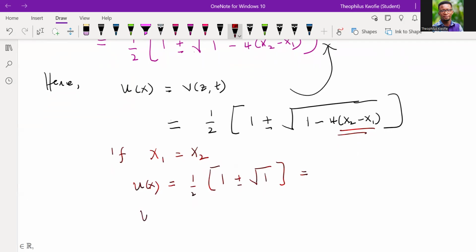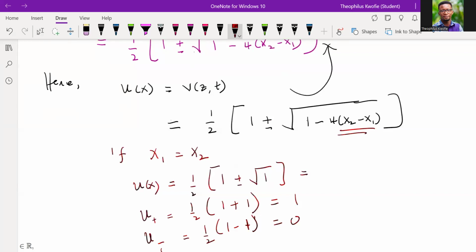If you're considering the plus side, you're going to have half of 1 plus 1, and that gives us 1. But when you're considering the other solution, you're going to have 1 minus 1, which gives 0. So one of the solutions is going to be 0, and another solution is going to be 1. Do we get that? Is that okay? Very, very, very important.